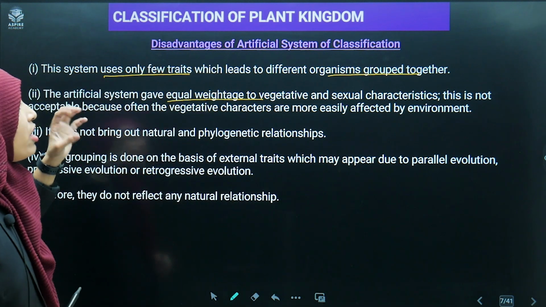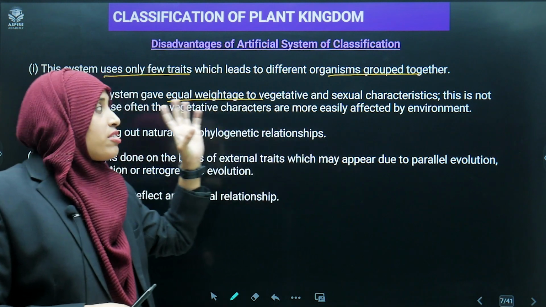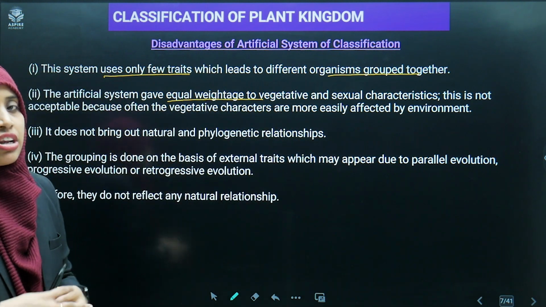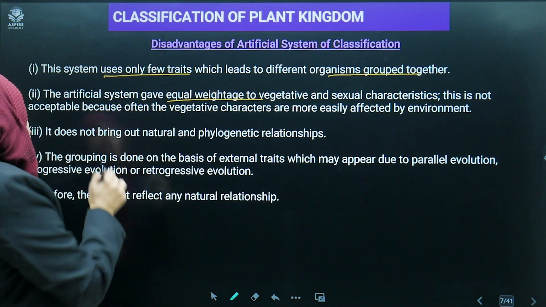So even the sexual characters with the vegetative characters were given importance, and this is not acceptable.